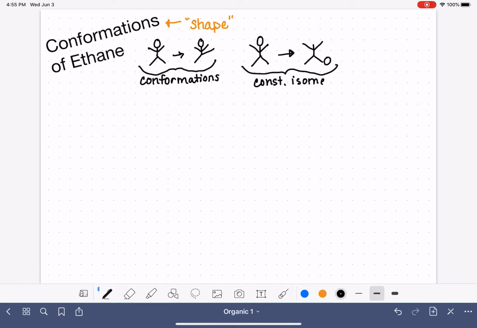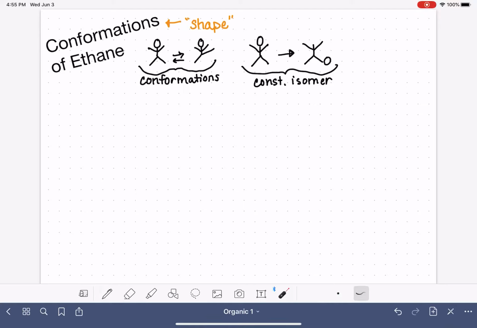You with your head sewn to one of your feet, you're not the same person that you used to be. So constitutional isomers are two forms of a molecule that are entirely different, and I realize this is a pretty morbid example. Conformations, though, are just different shapes that a molecule can take, and it can go back and forth from one shape to the other without changing its identity.